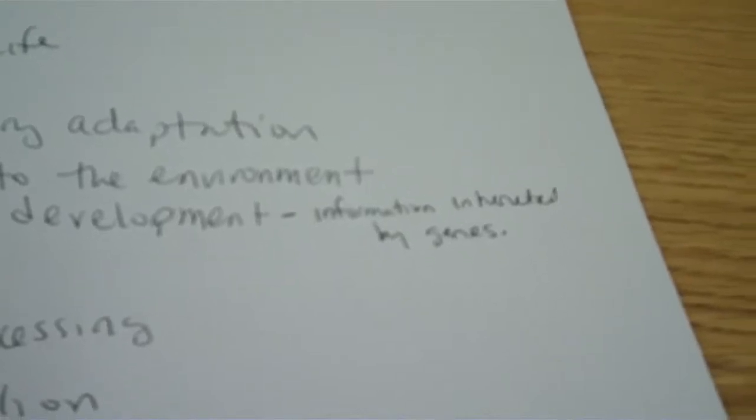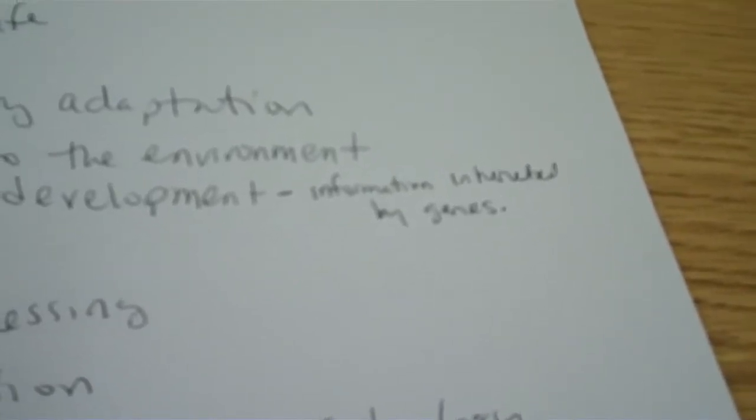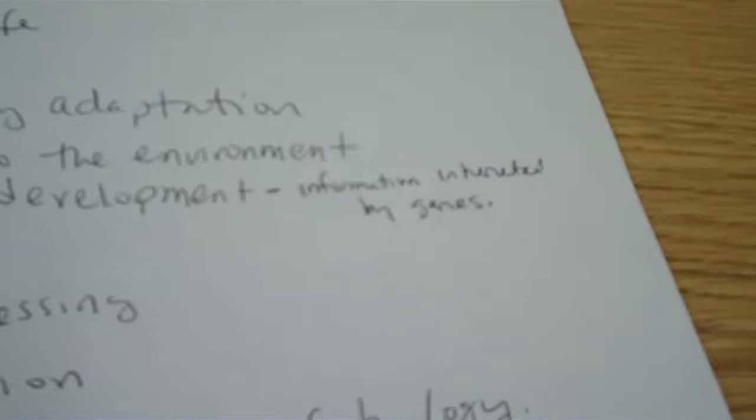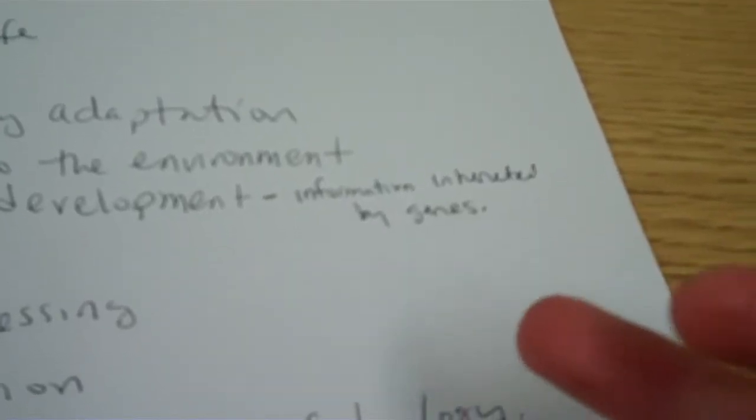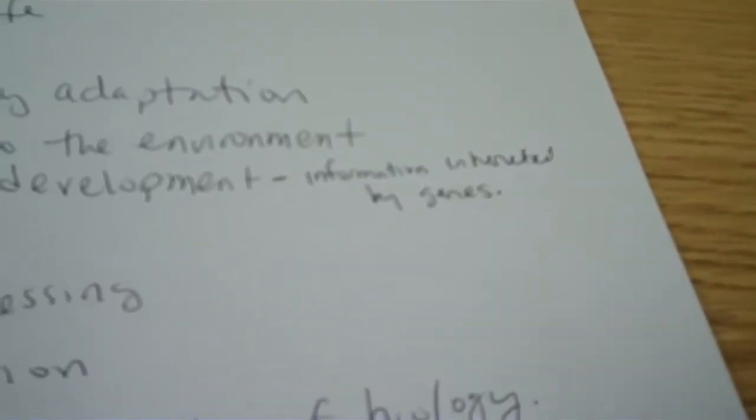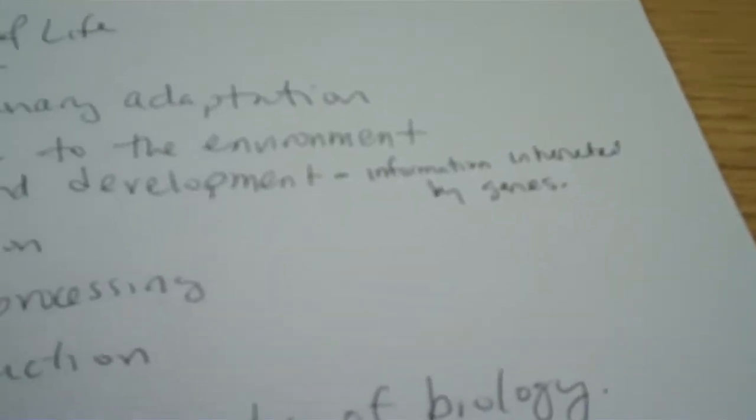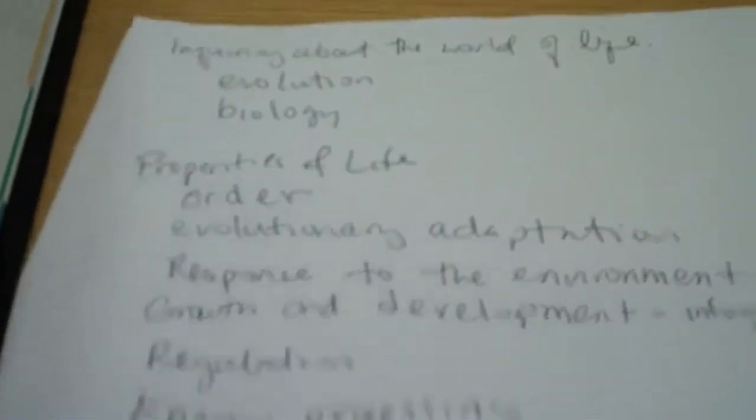Well, here's the trick. Usually, most of the key information around a bold word or a theme is going to be right around that word. So, going back to the growth and development picture, that's the further information that's right next to it.